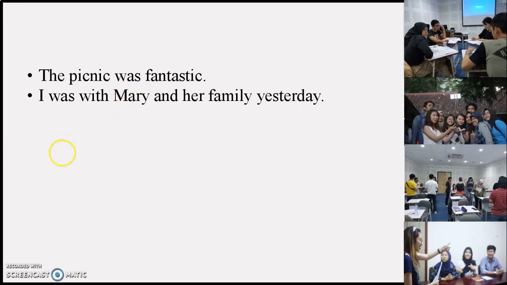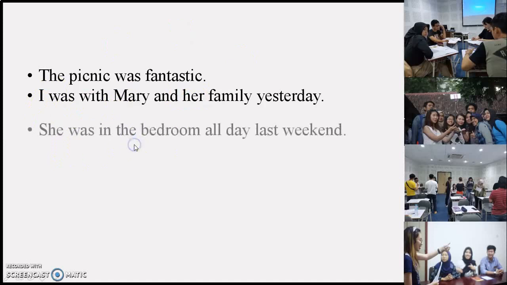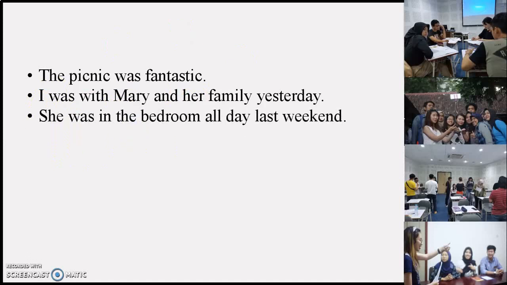Any verbs? No. She was in the bedroom all day last weekend. She was so lazy. Where is the verb? No, in the bedroom. We can find here in the bedroom. It is an adverb. Very good.